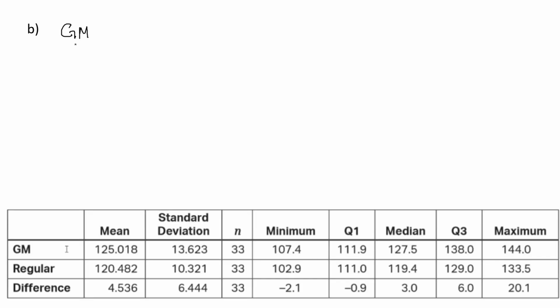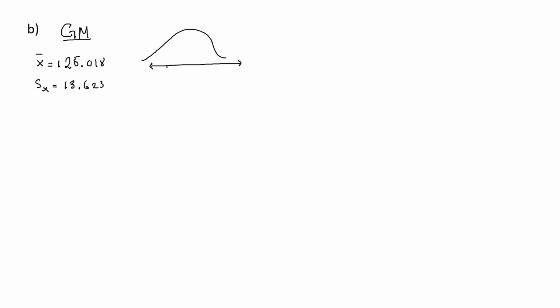So GM corn, looking at the table, has a mean of 125.018 and a standard deviation of 13.623. Again, our goal will be finding the probability of producing more than 123, which would be this part of the region.